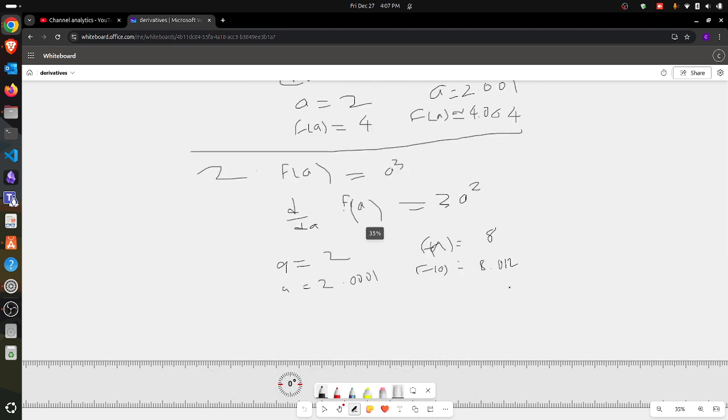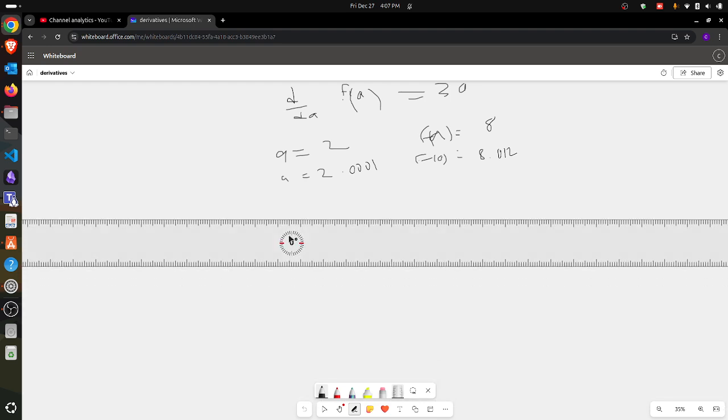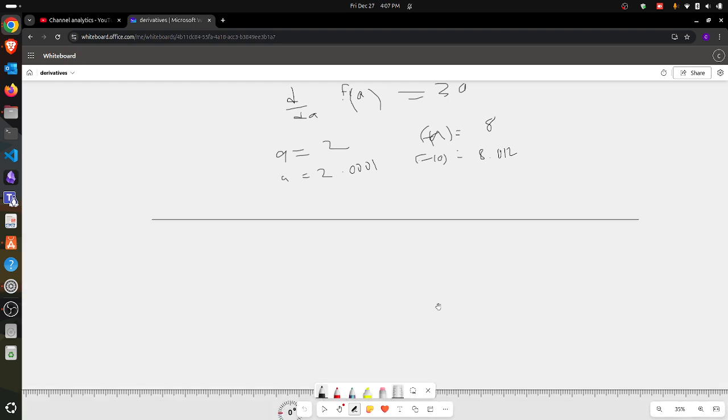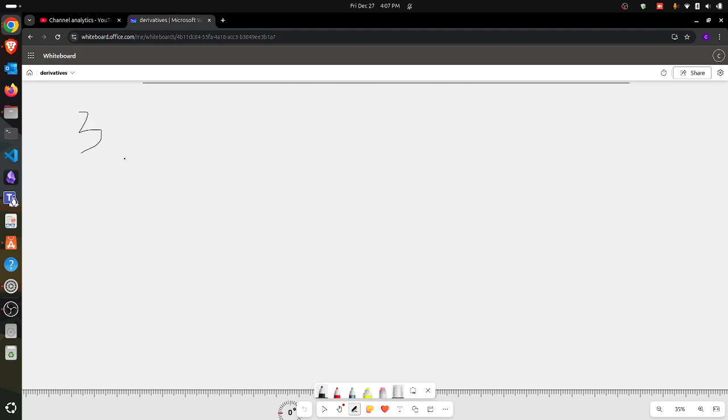Let's explore the third example now, a function where we encounter the logarithm.